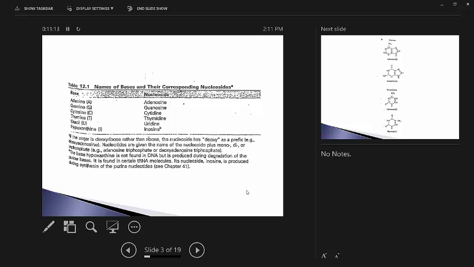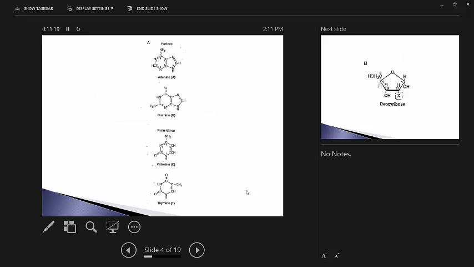So we have to distinguish between nucleosides and nucleotides. Here there's the structure. The other thing is, this is thymine, okay? You have to be careful not to confuse it with thiamine, which is a vitamin, as in thiamine pyrophosphate.